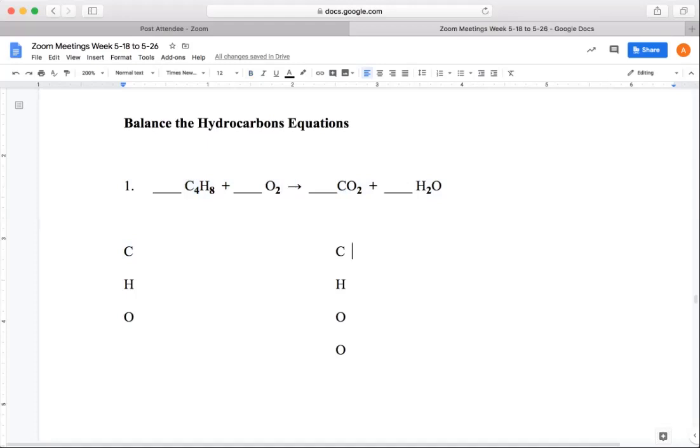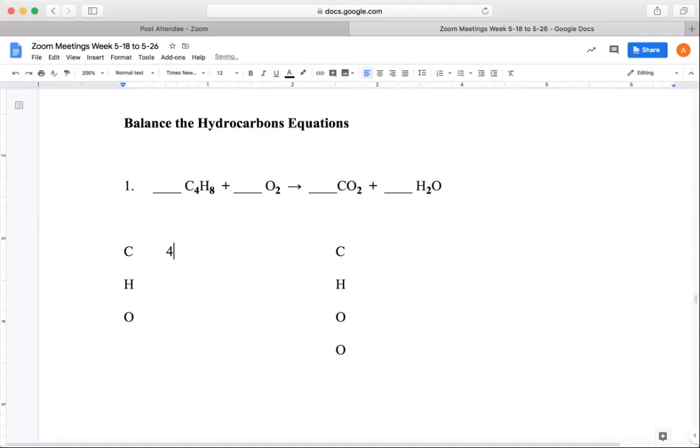Our goal is to make sure that the number of the same kind of atoms is the same on both sides of the equation to ensure that the law of mass conservation is obeyed and to ensure that the mass of the products and reactants is constant. So here we have how many carbon atoms?